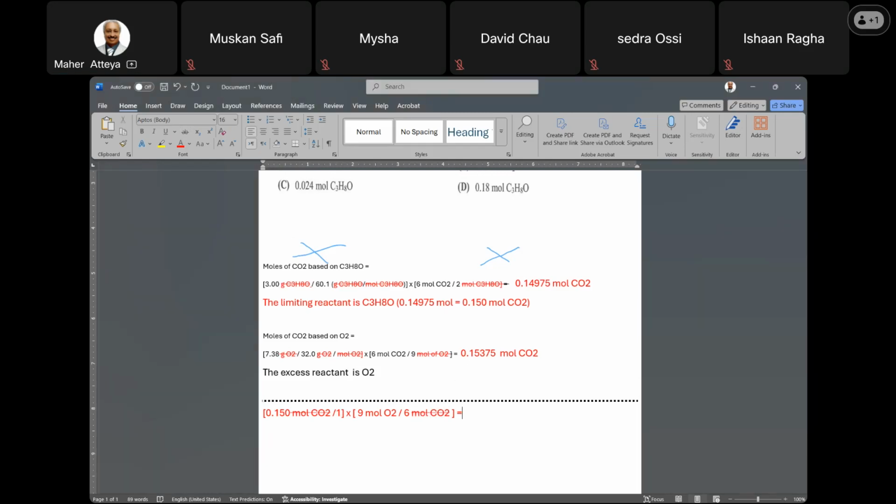The calculator is... so you can see how time consuming this type of calculation is. So clear this out: 0.150 multiplied by 9 and divided by 6.